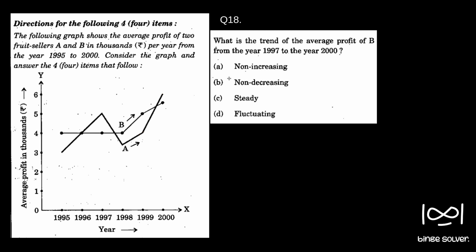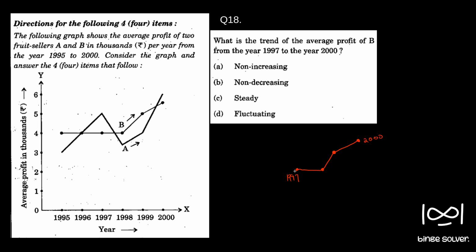The next question: what is the trend of the average profit of B from the year 1997 to the year 2000? So 1997 is this point, and I'll draw the graph from 1997 for each year up to 2000.